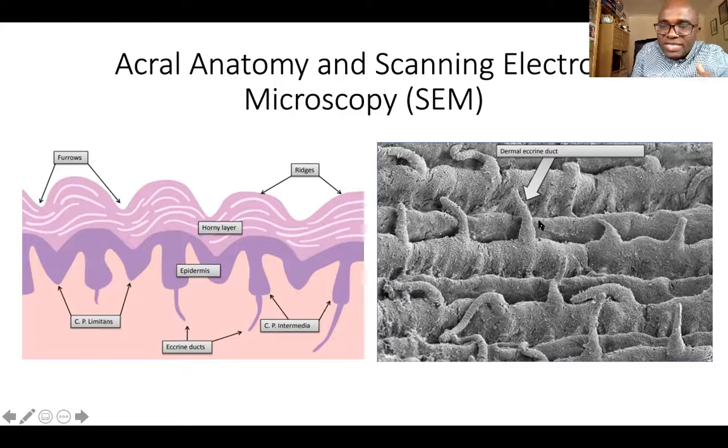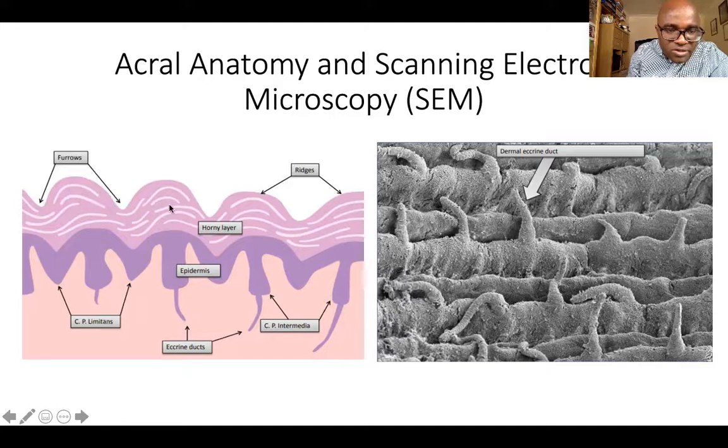You're looking at the surface of the skin from bottom upwards, and this is where you see the eccrine ducts, which are protruding into the dermis. Okay, so this is turned upside down, and the eccrine ducts or sweat pores protrude into the dermis. So furrows are the valleys there, and the ridges are the top there.